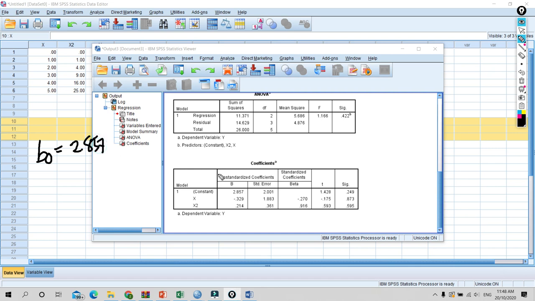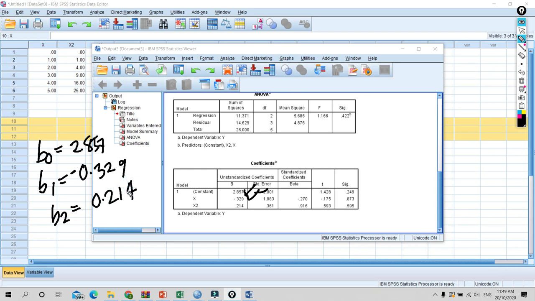This is your B0. B1 is equal to negative 0.329, and B2 is equal to 0.214.